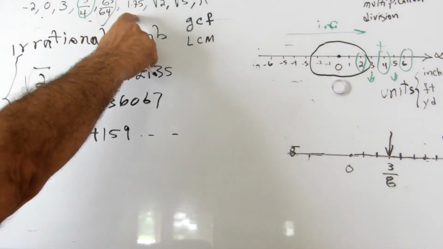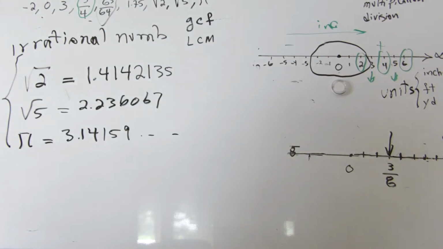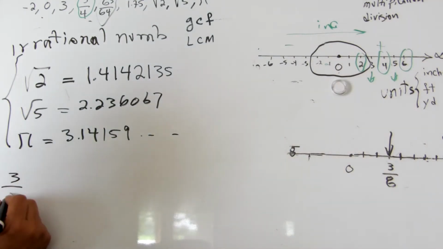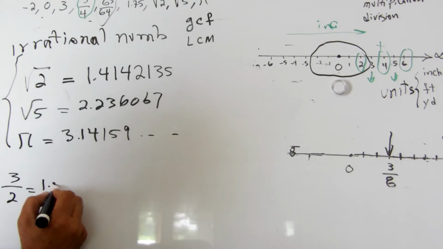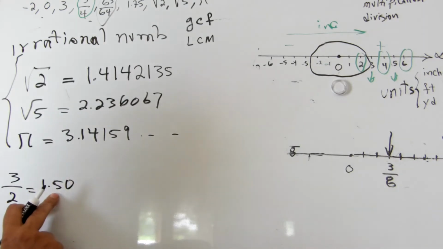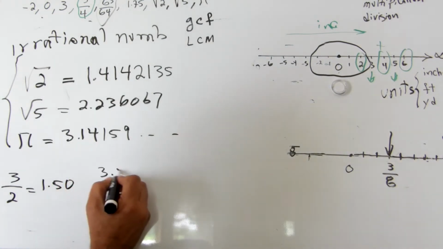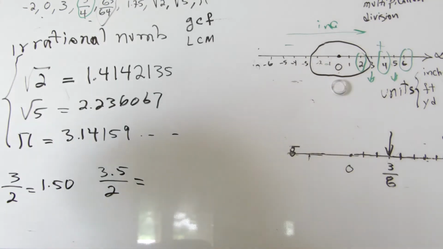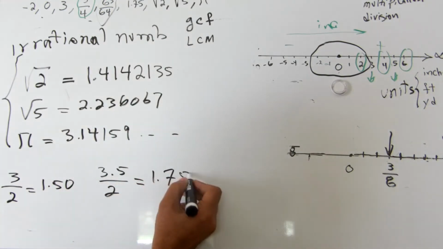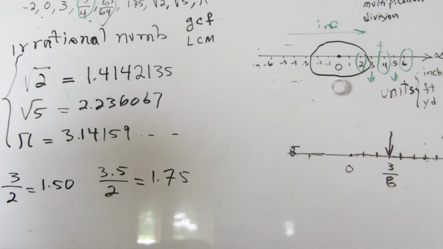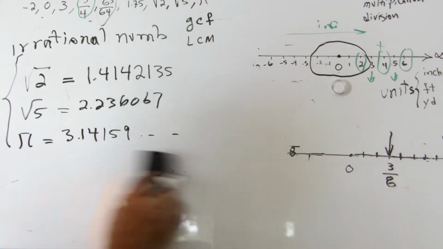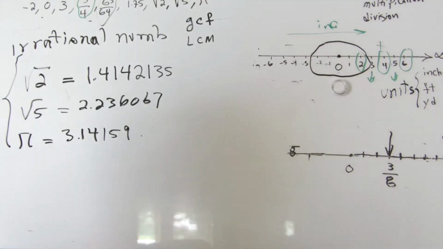We can change this one, 1.75. Like 3 over 2 is 1.5. We can change 1.5 to a fraction, 3 over 2. Or 3.5 divided by 2 is going to be 1.75. So just these are irrational numbers.